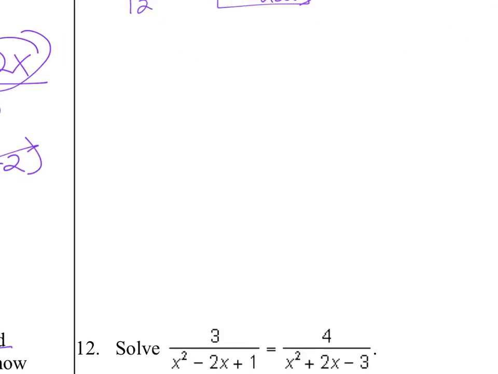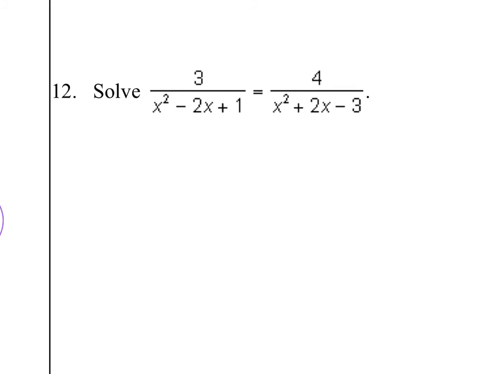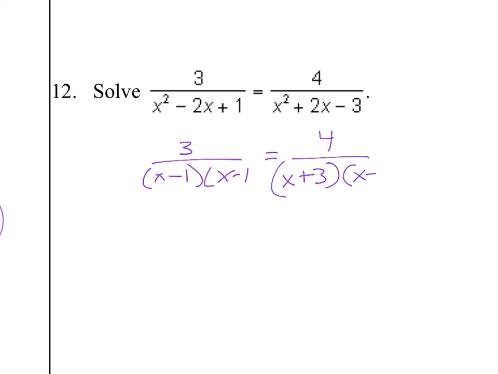And then we're doing number 12. I'm first going to factor my two denominators. I have x minus 1, x minus 1, and x plus 3, x minus 1.